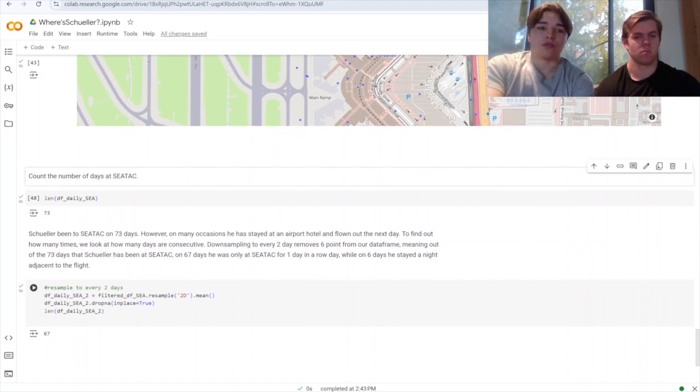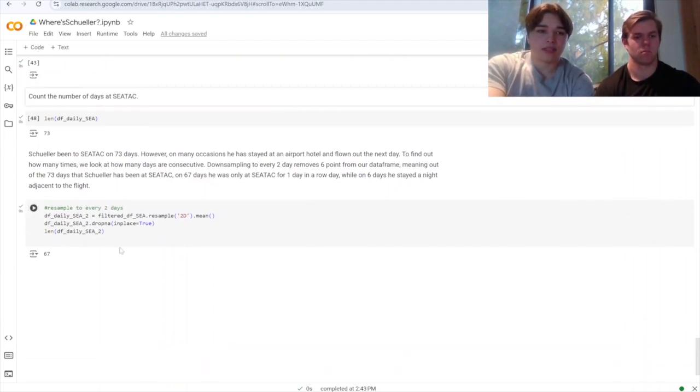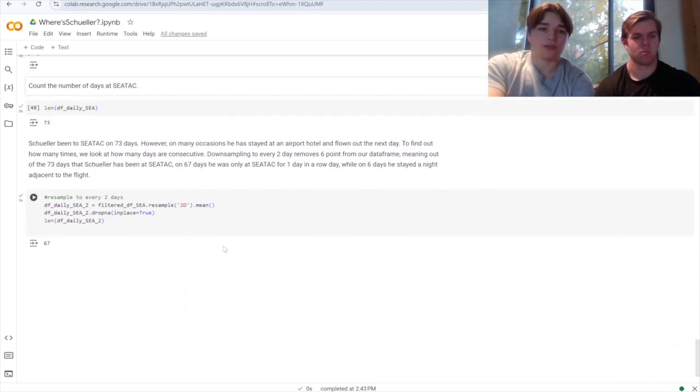So we wanted to only see the amount of days he has either flown in or out of. We resampled to every 2 days and then dropped NaNs and found the length of that, which is 67. So we can conclude that on 67 days, he has only been at SeaTac for 1 day, meaning likely he flew in or out on the same day as arriving or leaving.